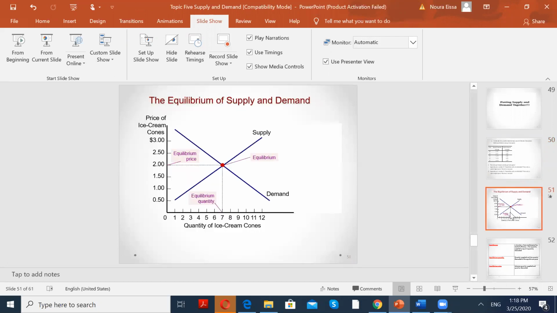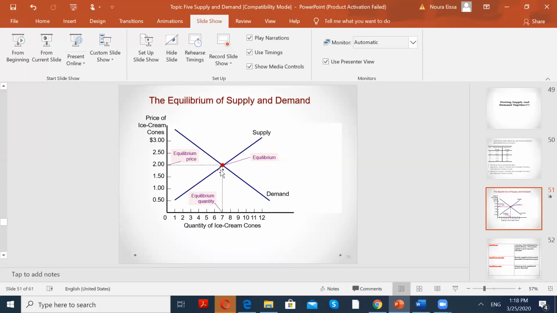طيب هنا عندي equilibrium supply and demand of ice cream. حطيناهم مع بعض. That is the demand for ice cream and this is the supply of ice cream. Okay? Demand, again, we said we're thinking like consumers. Supply, I'm thinking like a firm.